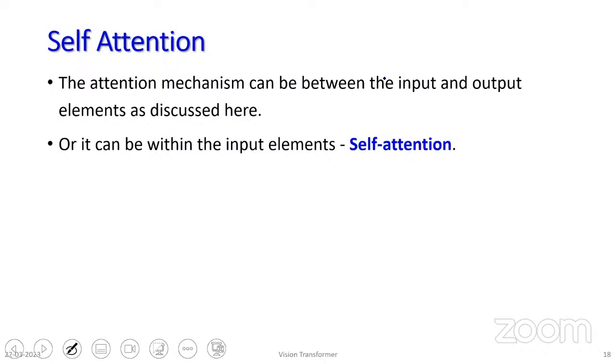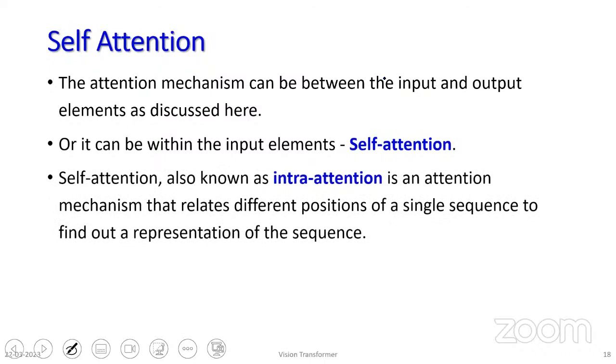So self-attention is also known as intra-attention. It is an attention mechanism that relates different positions of a single sequence to find out a representation of the sequence, right? As I told you, what value should I associate?